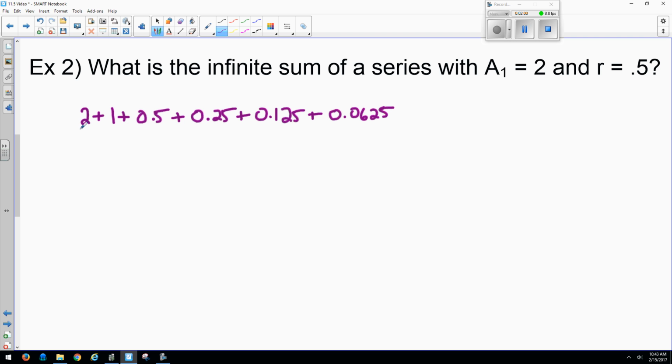Just to give you an example, if I add up the first 1, 2, 3, 4, 5, 6 terms here, that's going to give me 3.9375.